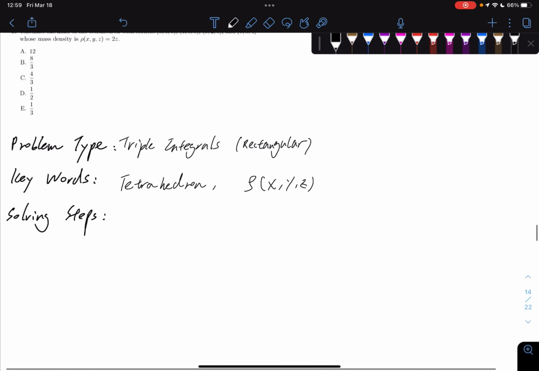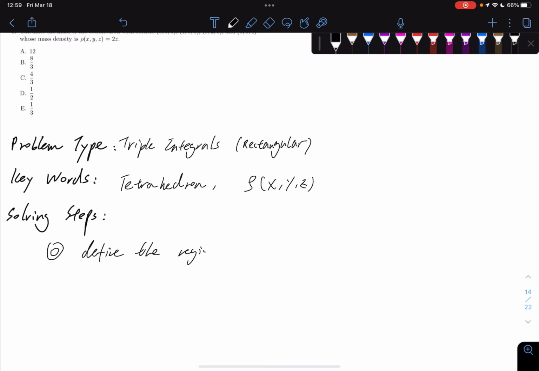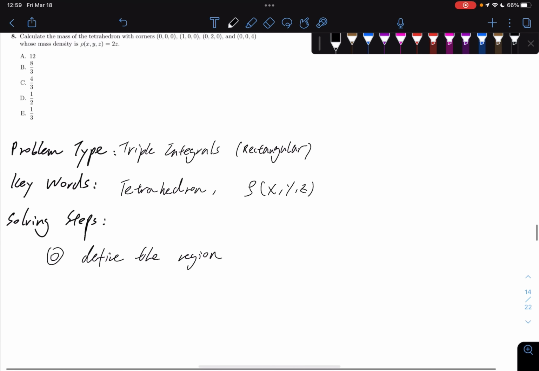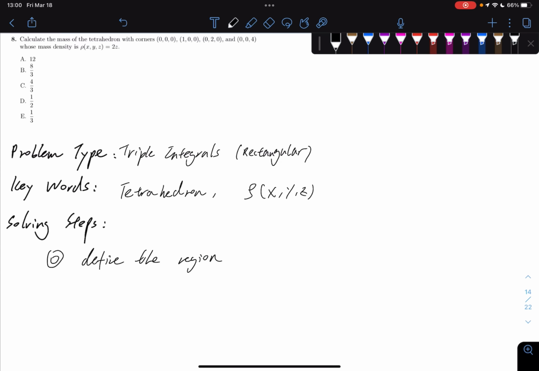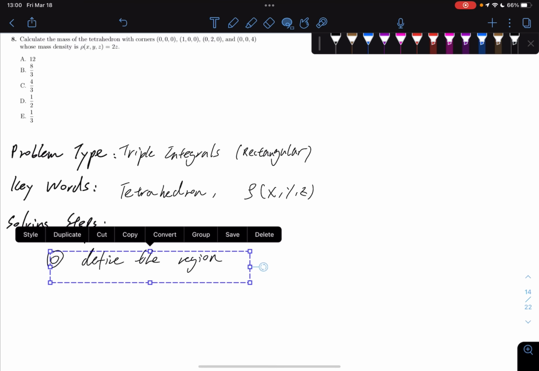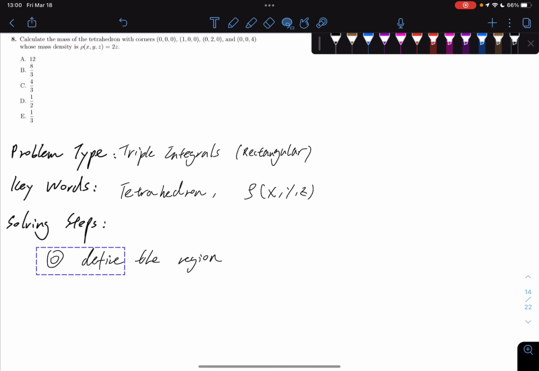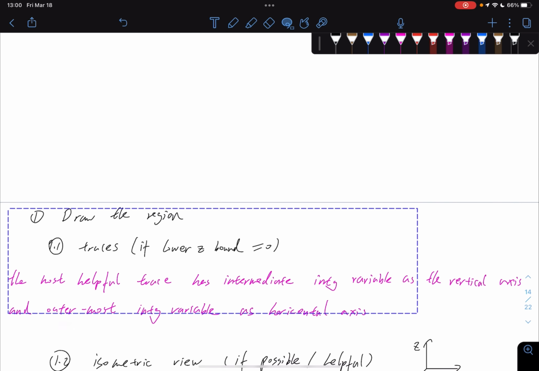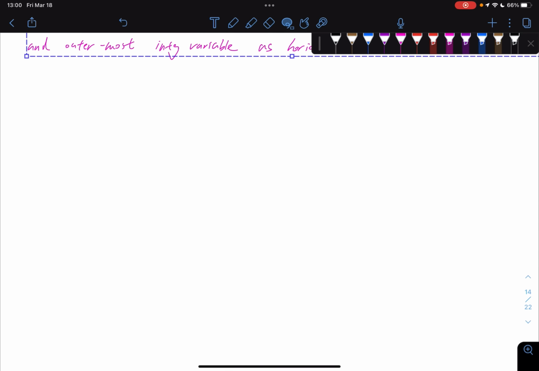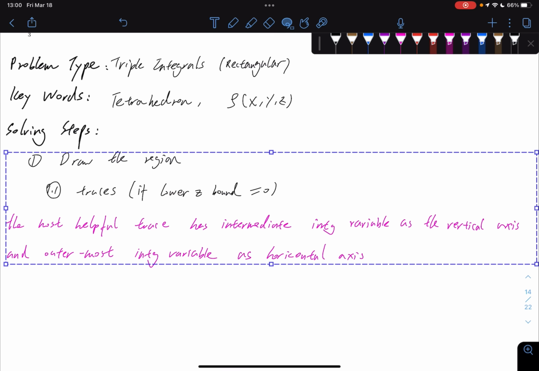So define the region. So let's go ahead and draw the tetrahedron out. You know what? Instead of saying that, I'm going to go down and draw the region. So draw the region, right?